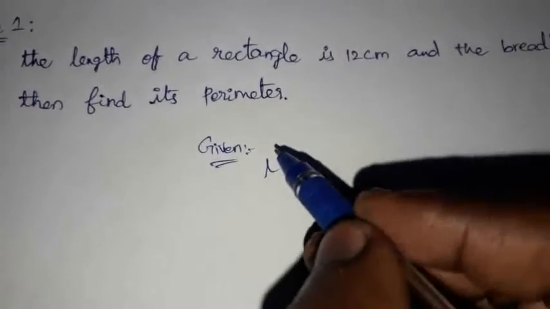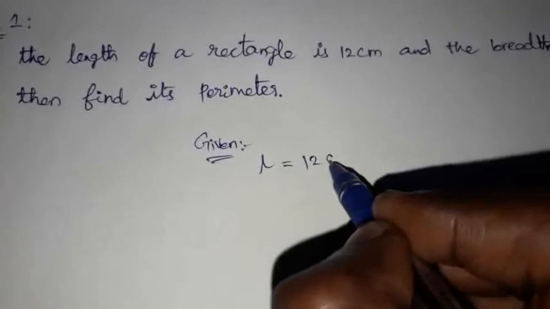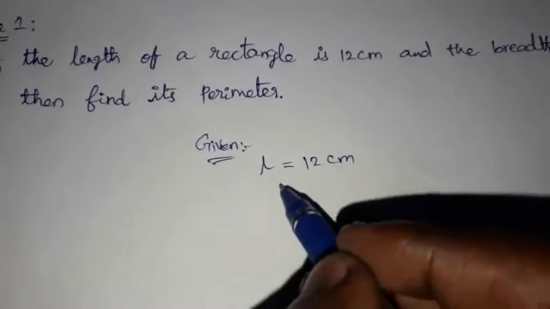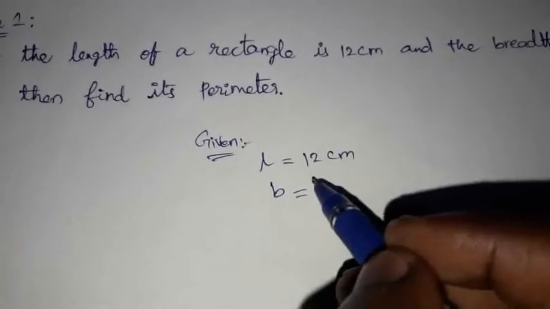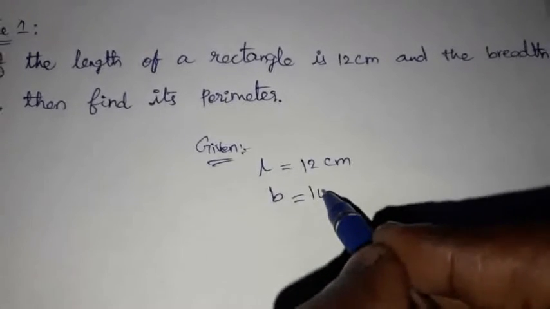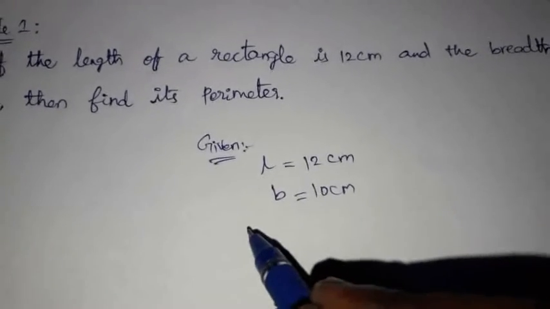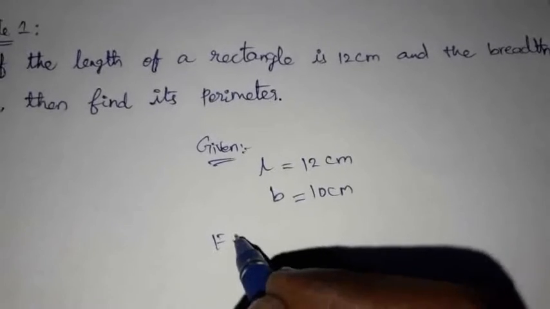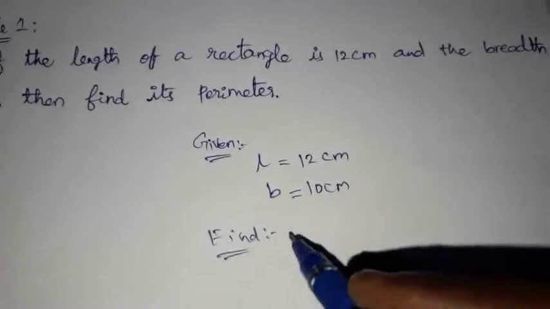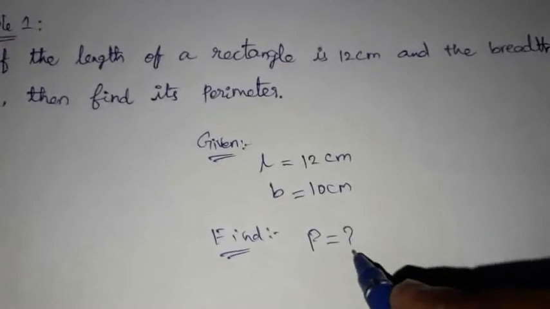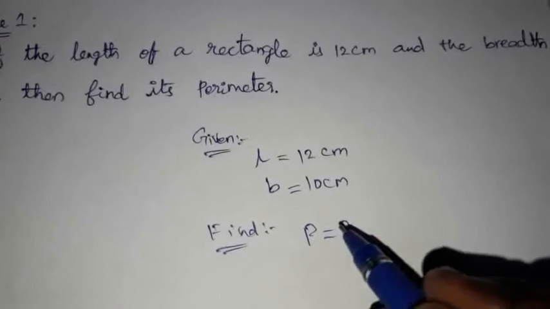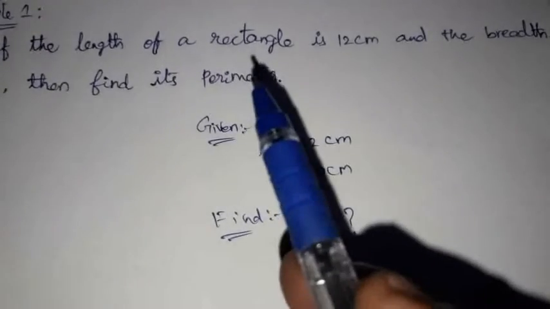Length of the rectangle is given, that is 12 cm, and breadth of the rectangle is 10 cm. We have to find its perimeter. Perimeter equals what? We are going to find the perimeter of the rectangle.